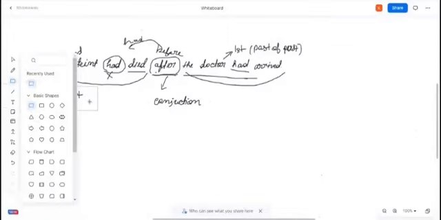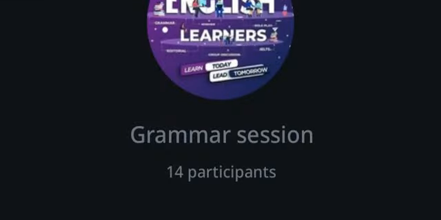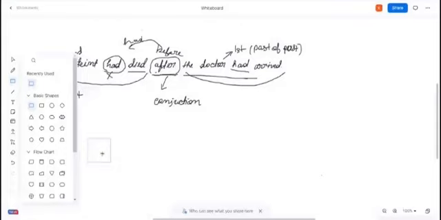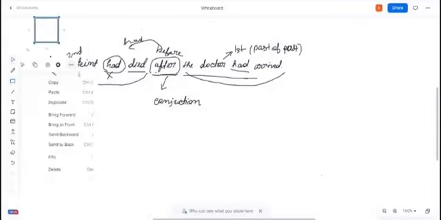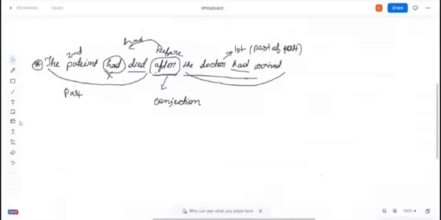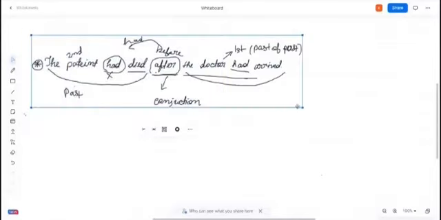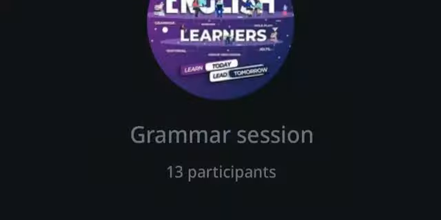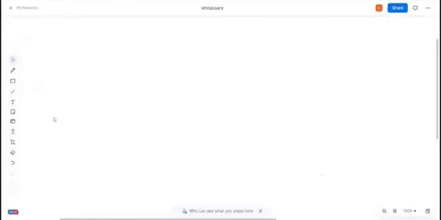I just want to ask which app you are using? Whiteboard. This is Zoom application. I'm not using any meeting, I'm just using the whiteboard only, just to explain the thing here.